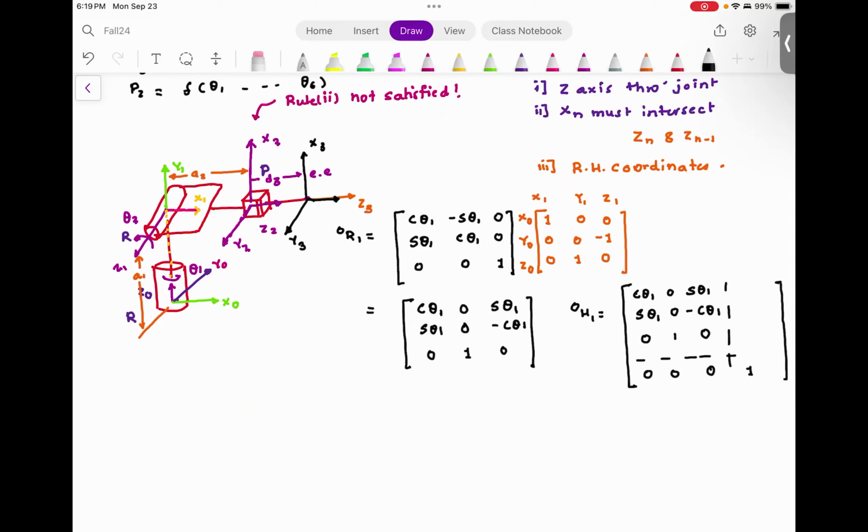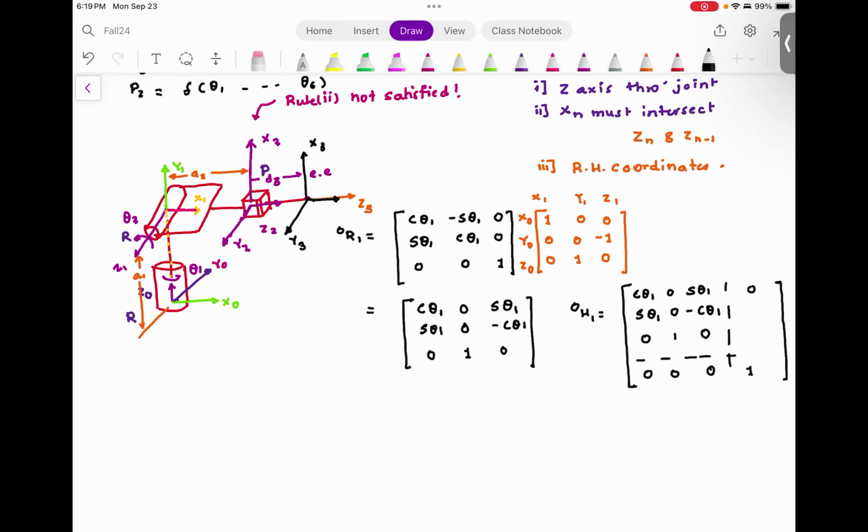And now the distance is here. Once again, in the homogeneous transformation, the first row, fourth column is the distance between the previous frame and the current frame in the coordinates of the previous frame. The distance between x1 and x0 along x0 is 0.